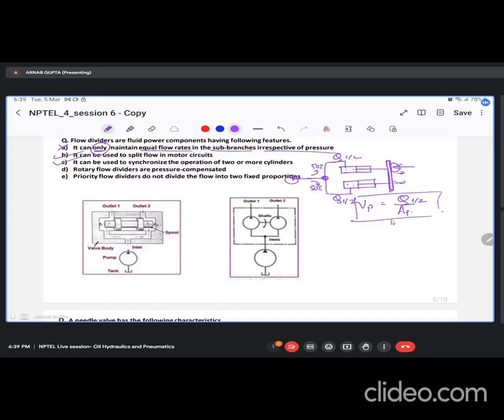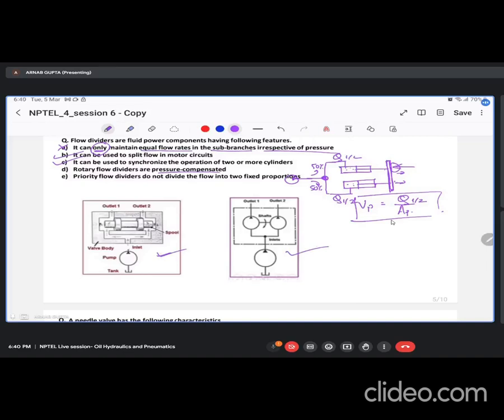Now, rotary flow dividers are pressure compensated. First of all, you need to understand what rotary flow dividers are. Flow dividers can be of two types: the spool type, which is pressure compensated, and the rotary type.